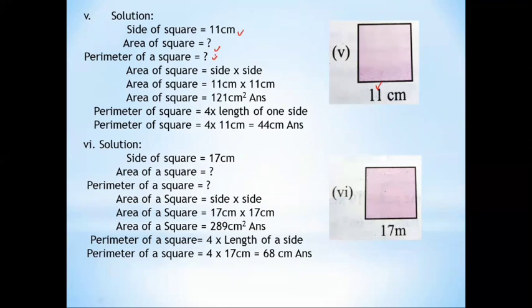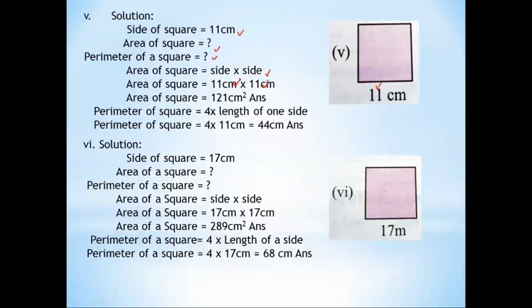Dear students, first of all, we will show the formula. This is very important: what is the area of a square? Area of the square is equal to side multiplied by side. Now, we know the measurement of one side is definitely 11 centimeters, and again here is 11 centimeters.